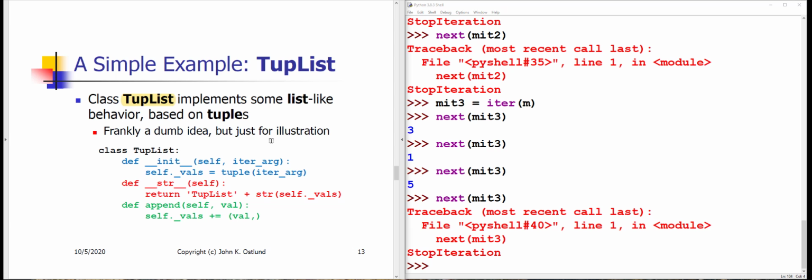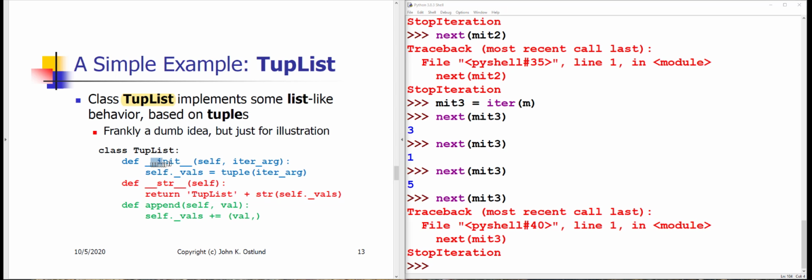It's dumb to use tuples to implement lists, but the other alternative would be to use lists to implement TupLists, which would be, I think, even more confusing. So we're going to create this collection class called TupList, which will have list-like behavior, but internally we're going to store the data in each TupList object using a tuple.